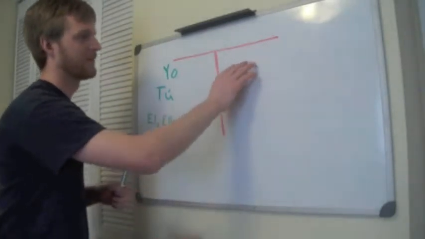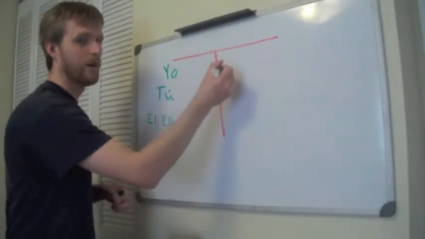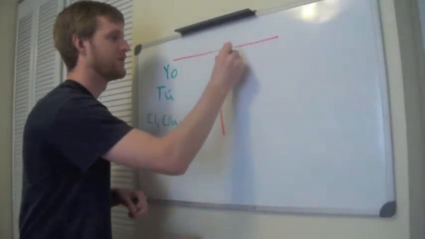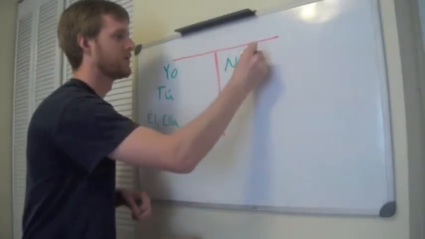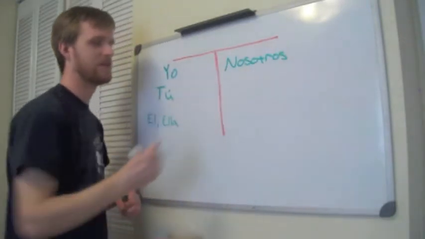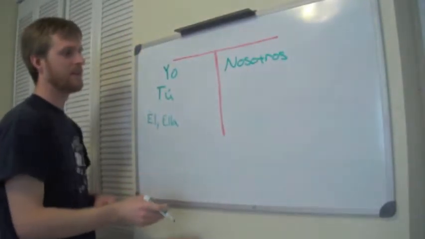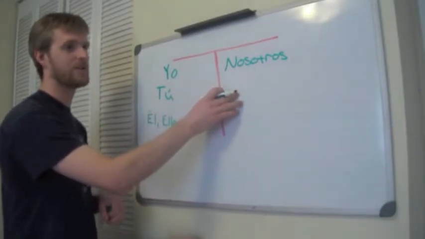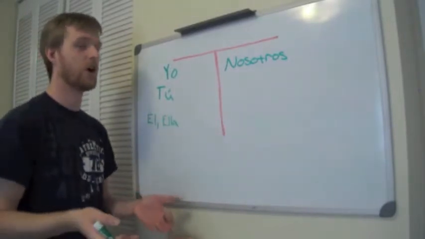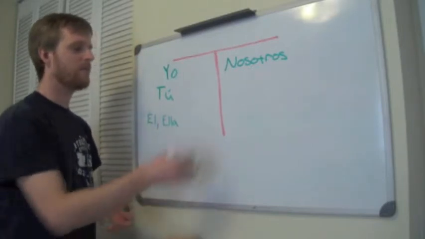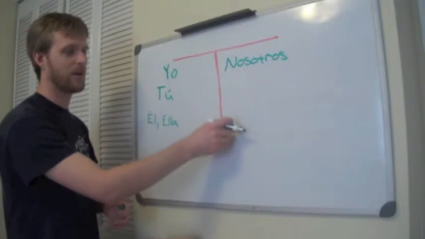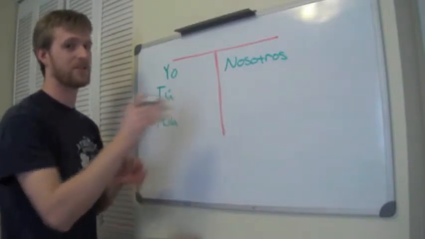Going up here, for we, this is your first person plural, for we, you're going to use nosotros. That means we. And then here would be your second person plural, which is in English, y'all. But we're actually going to move it down here because the third person plural and the second person plural in Spanish is the same.